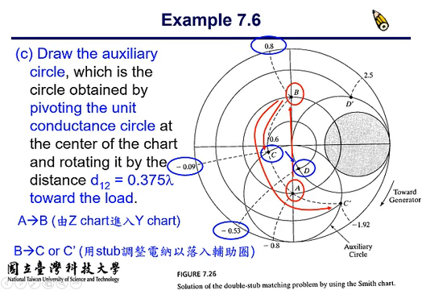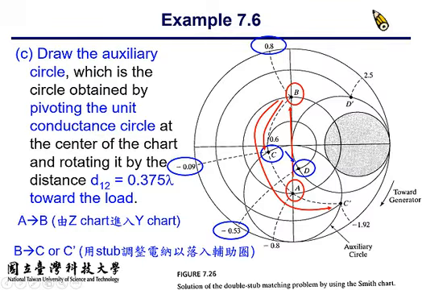The next step is to follow the transmission line, which has a length of 3/8 of a wavelength, to have an intersection with the unit conductance circle.